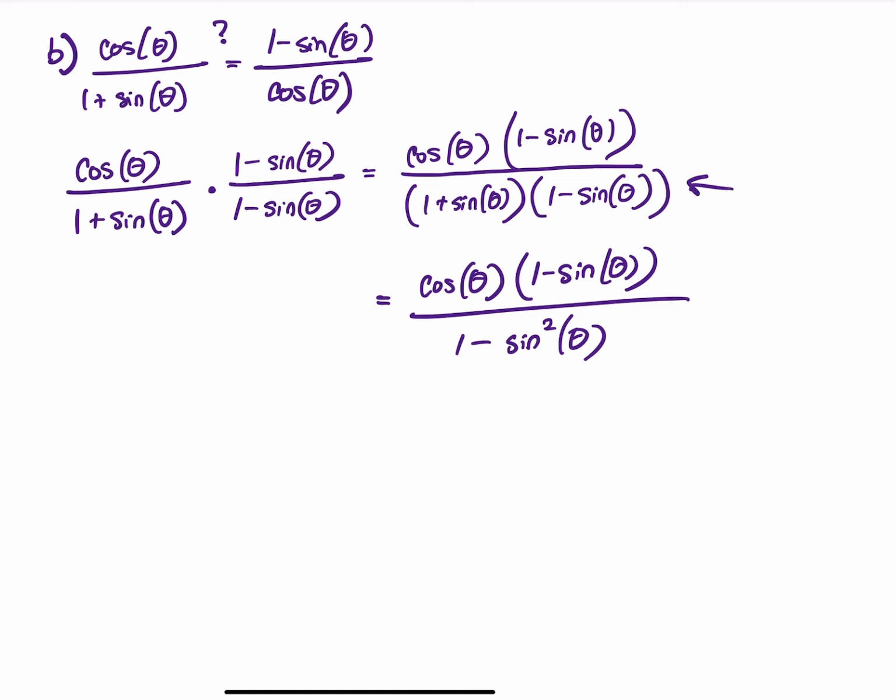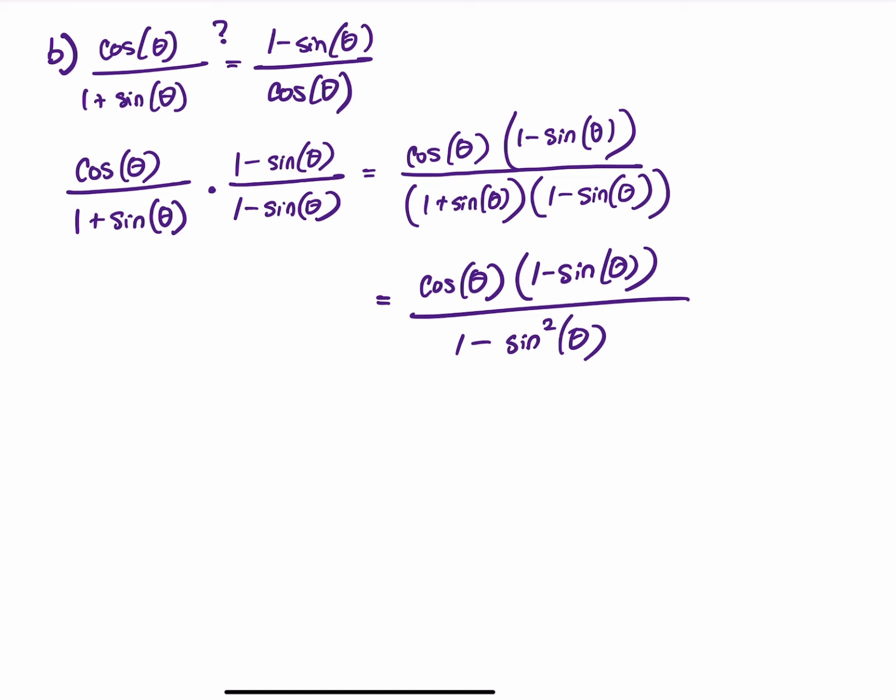Now 1 minus sine squared, what can that turn into? And let's keep in mind we're trying to get the expression on the right here. That's part of why I'm not distributing this cosine, because I already have the 1 minus sine. I basically want to ultimately try to cancel that cosine. So 1 minus sine squared of theta.